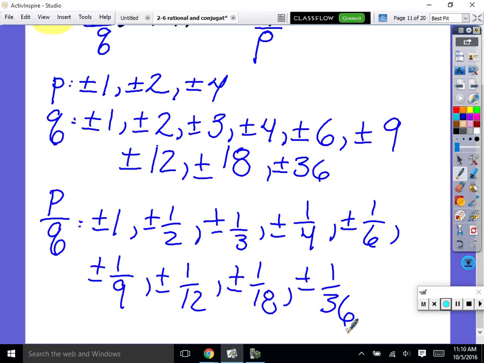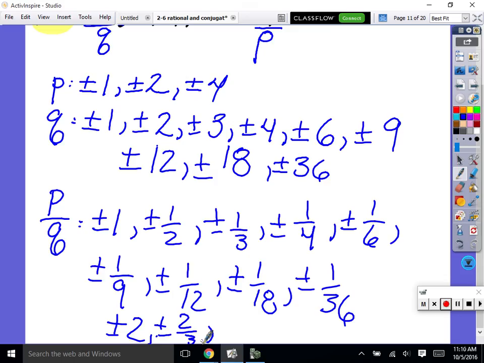Okay, so now we've got to do 2 over 1, which is plus or minus 2. But then look, 2 over 2 is 1. We've already listed it, right? 2 over 3 is a possibility, plus or minus 2/3. 2/4 is 1/2.